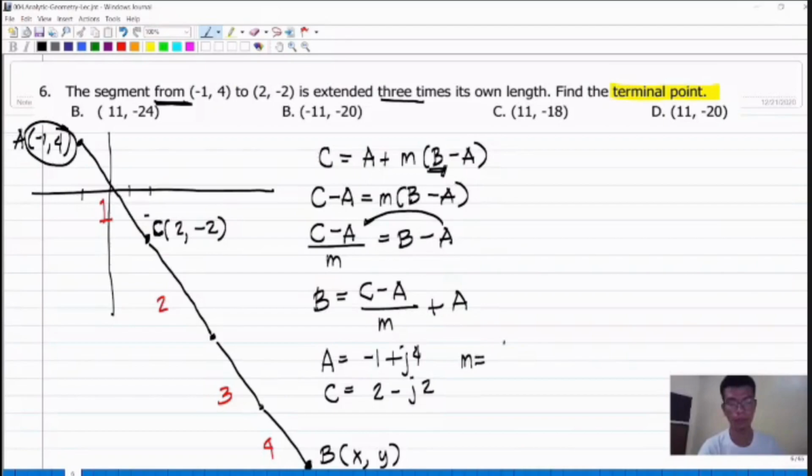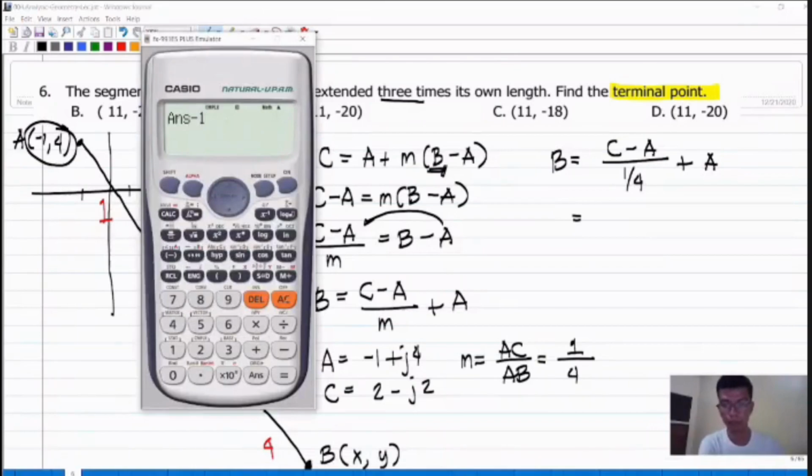And what is M? That is AC over AB. So from A to C, there is 1 part. And from A to B, there are a total of 4 parts. So solving for B, that will be the alpha C minus alpha A divided by 1 over 4 para sa ating M plus the alpha A.